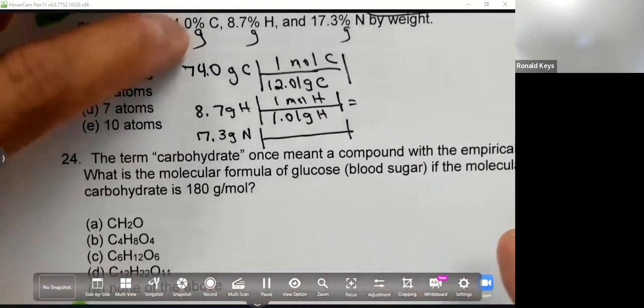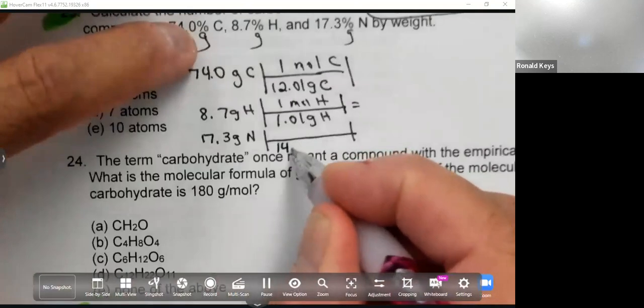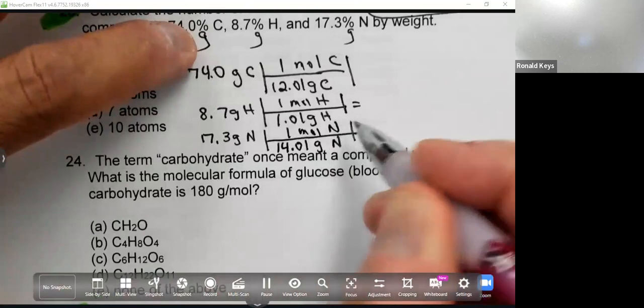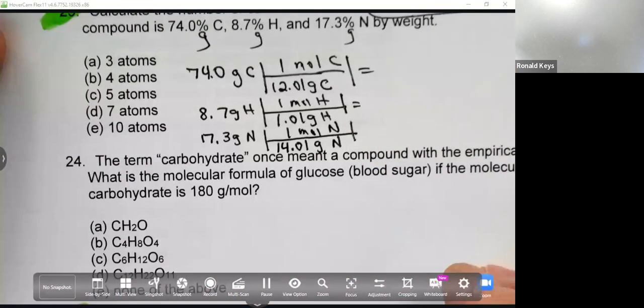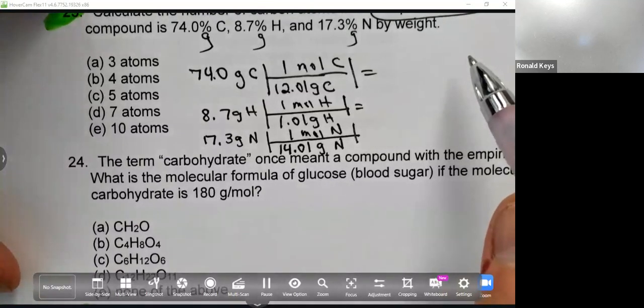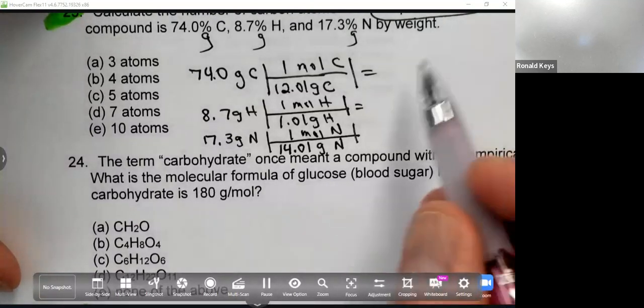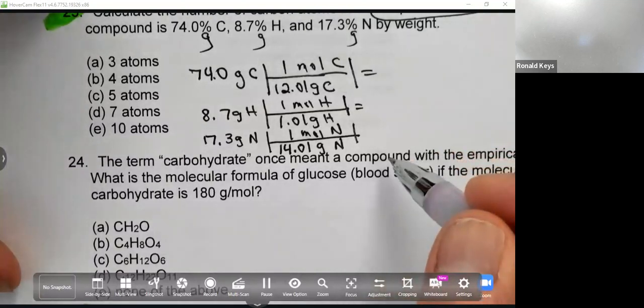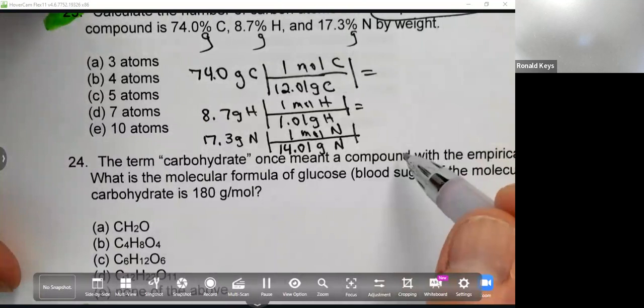And for nitrogen, 14.01 grams. Calculate the number of carbon atoms in the empirical formula. So after we get this, we have to divide by the smallest then. So we got to crank these out and then divide by the smallest.